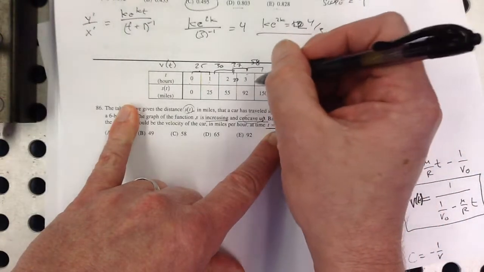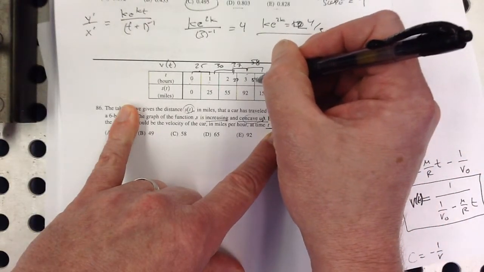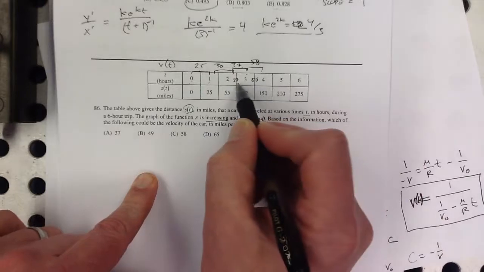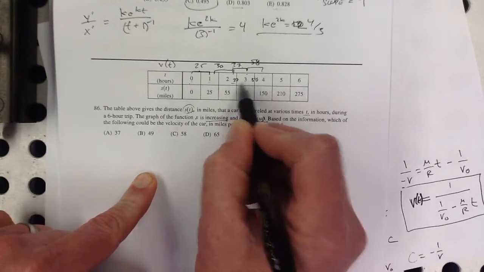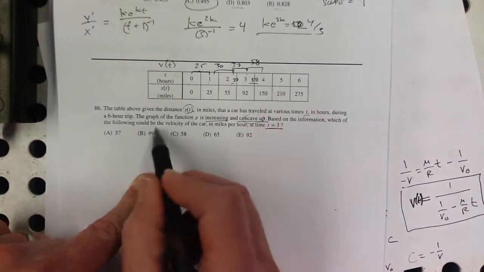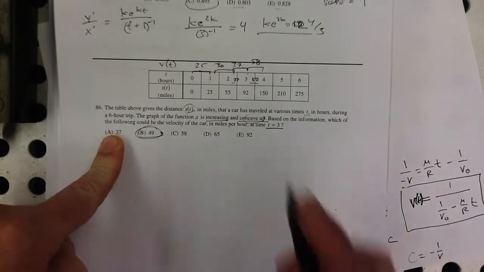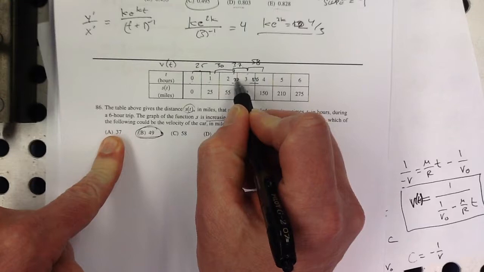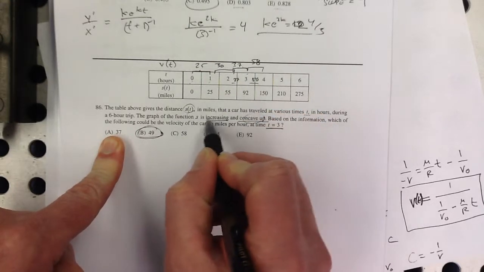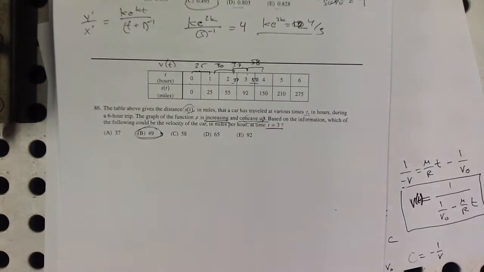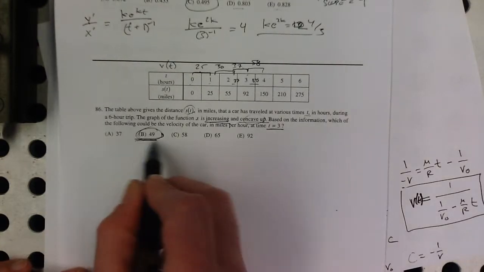And somewhere between 3 and 4, it has to have a velocity of 58. The only possible things it could have are things that are between 37 and 58. It couldn't actually be 37, because then it would have to be flat from here to here, and that would violate the increasing. Right? It has to be in between those.